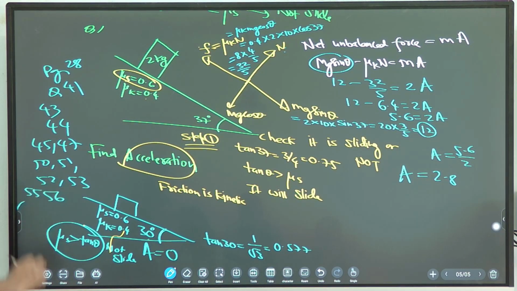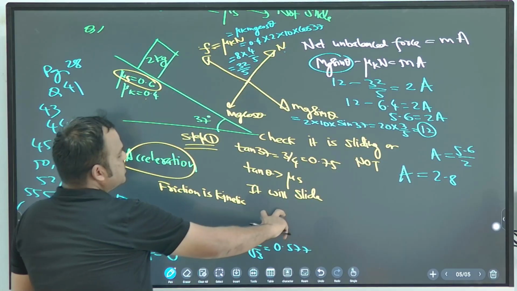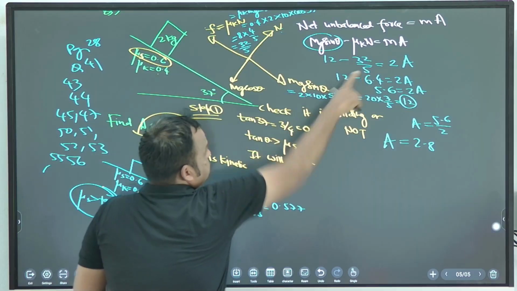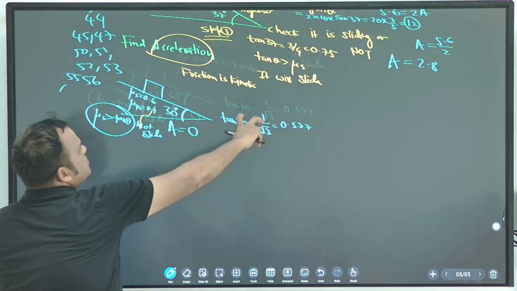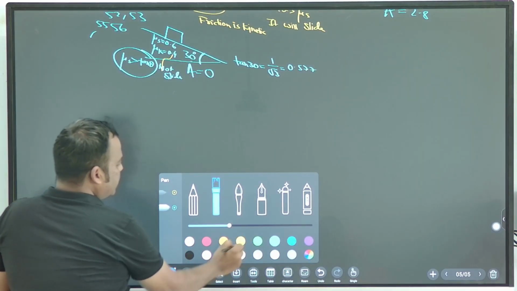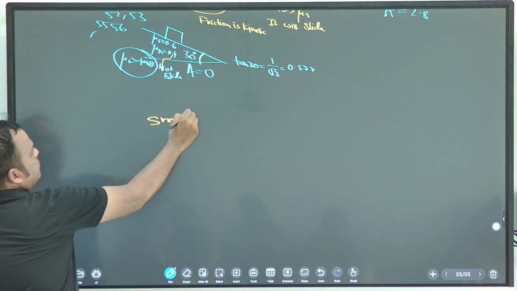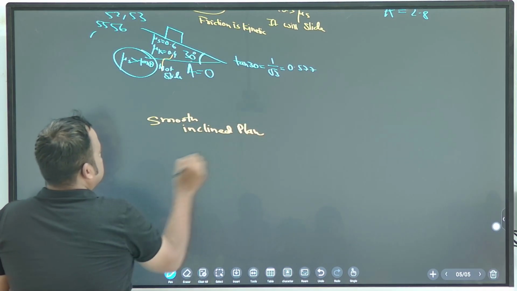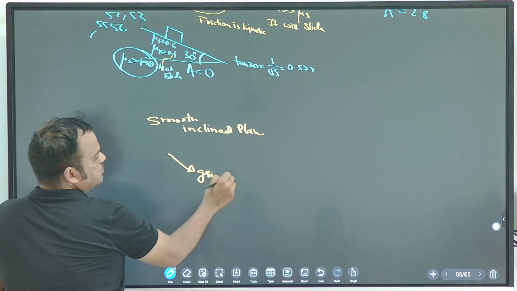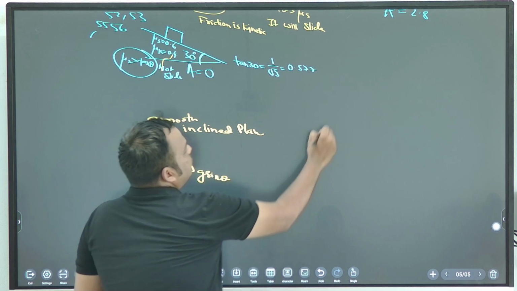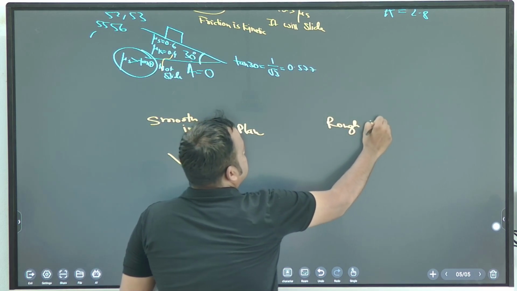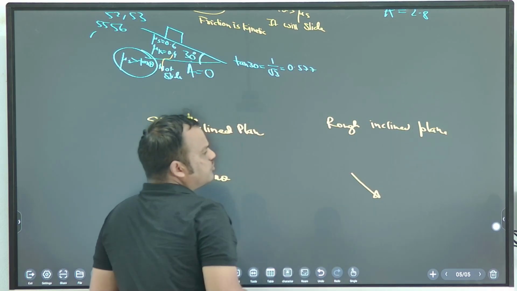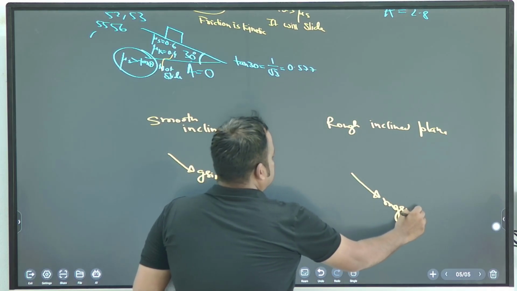Okay. If kinetic friction is there, then how will you find acceleration? Just now you found acceleration here, right? If a smooth plane is there, what is the acceleration on a smooth inclined plane? g sin theta. On a rough inclined plane, what is the acceleration? Down the plane, what is the force? mg sin theta.